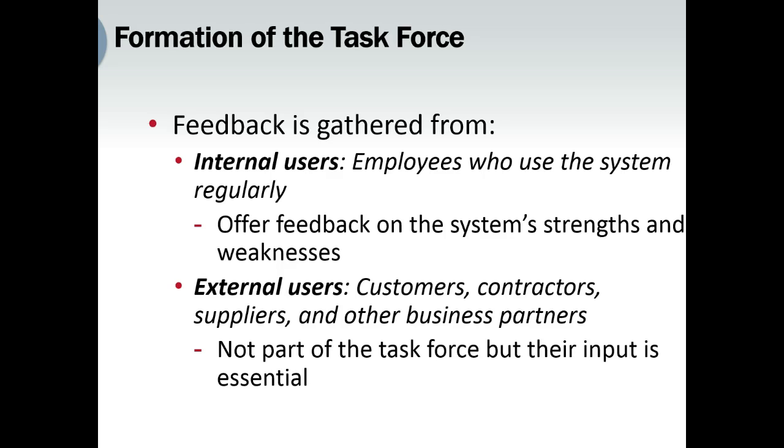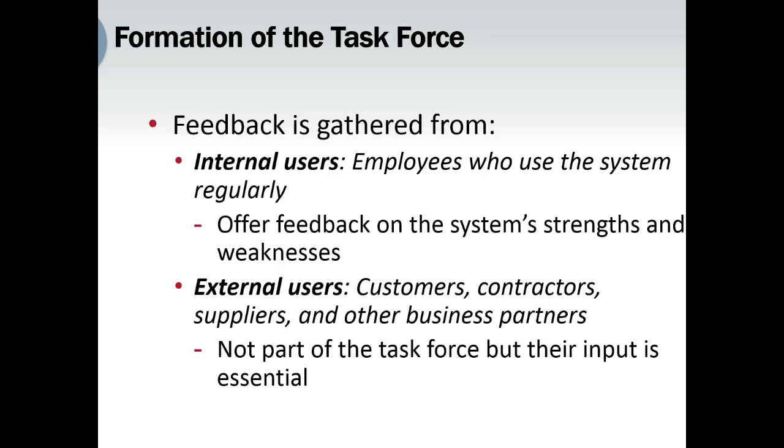Normally, an information system has two groups of users from whom the task force needs to collect data in order to get their feedback: internal users and external users. Internal users are those employees who will use the system regularly, and they can offer important feedback on the system's strengths and weaknesses.